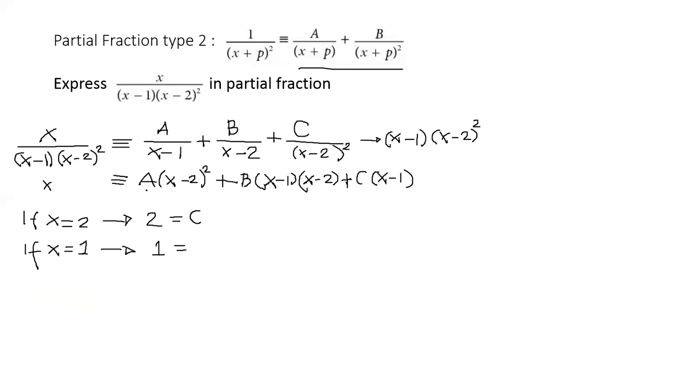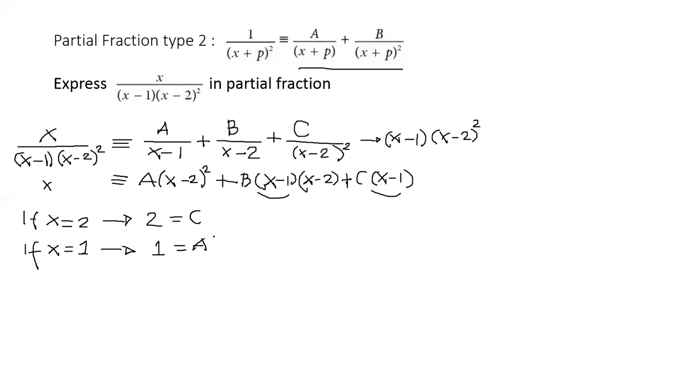This term becomes a times negative 1 squared, times 1, it means 1. The second term equals 0, and this one 0 as well. So a equals 1. We already get c equals 2 and a equals 1.